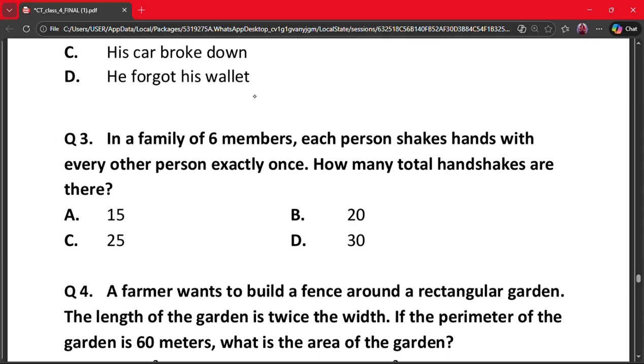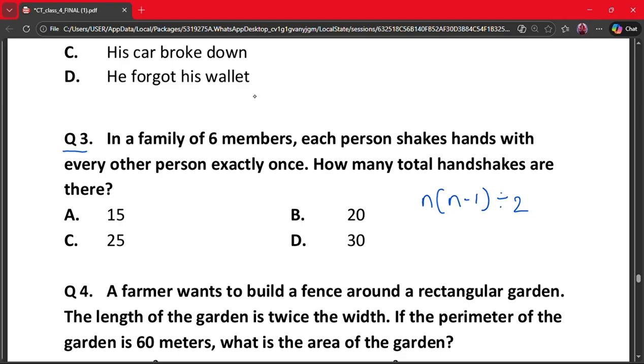Our next question is question number 3. In a family of 6 members, each person shakes hands with every other person exactly once. How many total handshakes are there? A 15, B 20, C 25 and D 30. So total handshakes is n into n minus 1 divided by 2.